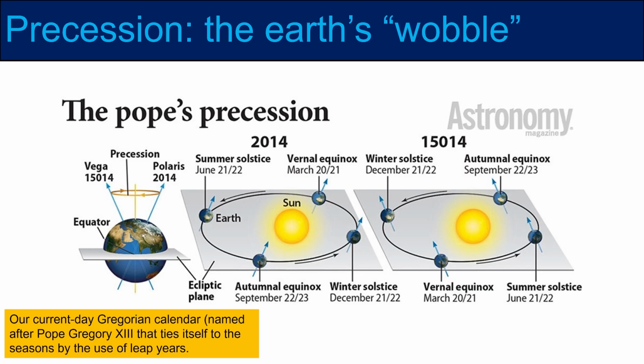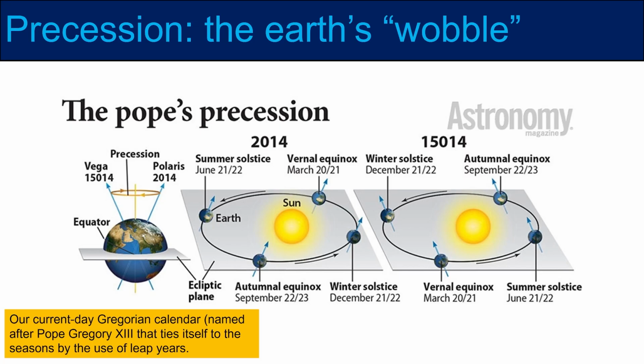In 2014, we are pointed in the direction we are, and the summer solstice is in June, the winter solstice is in December, right? That's the way things are. In 13,000 years, we'll be pointed towards Vega, and so that should flip. We should have our winter during June, and we should have our summer during December.